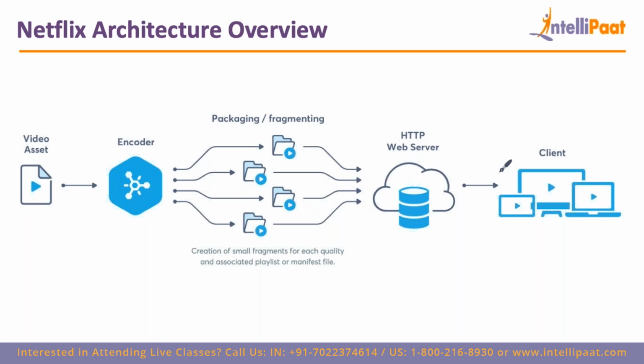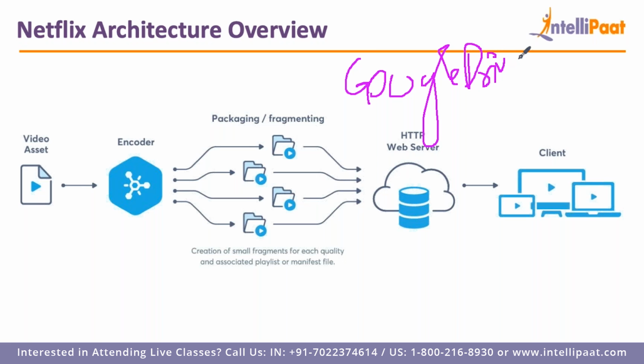So all of you might be aware of something called Google Drive. Okay, so let's say I have to upload a movie called Avengers. I will create a folder on Google Drive, and in that Google Drive folder I will create a folder called Avengers.